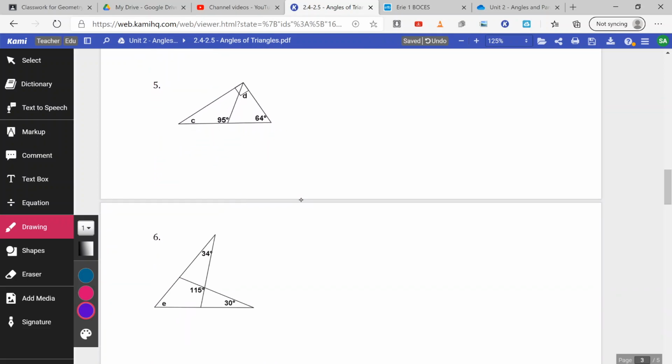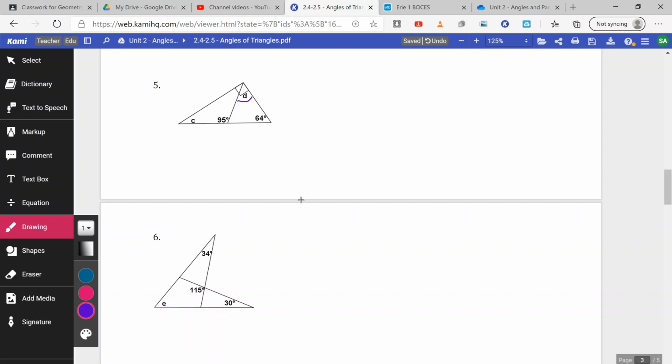Number 5, we start breaking things up a little bit. We have a right triangle. The largest triangle is a right triangle. We are told this part in here is D. We have an angle measurement of 64, 95, and an angle measurement of C. So we can figure out each one however we want.